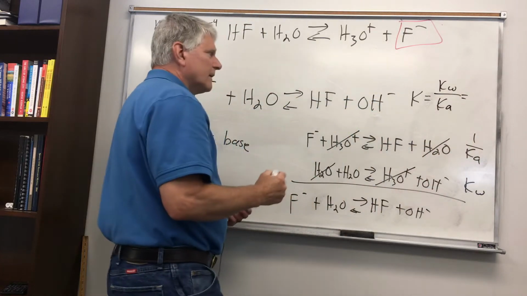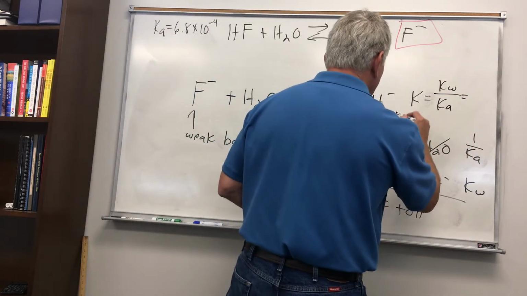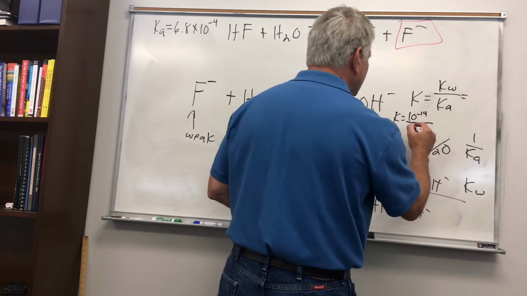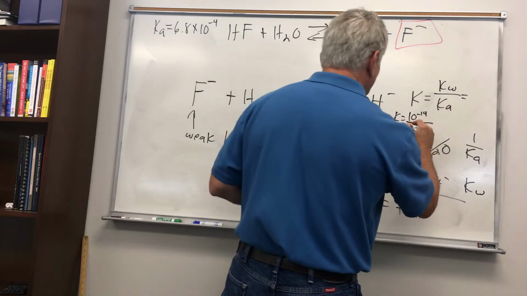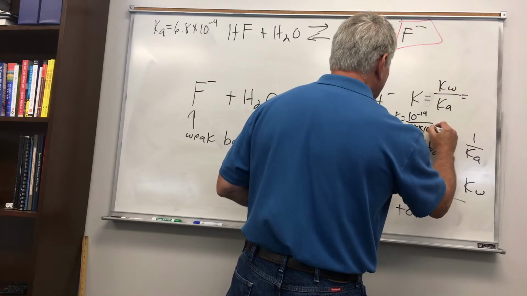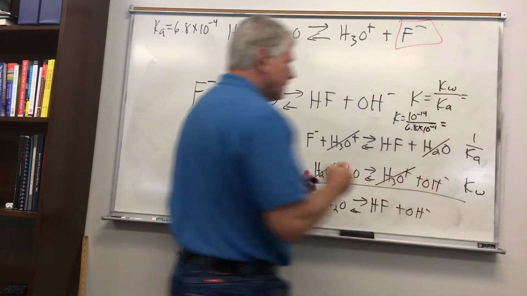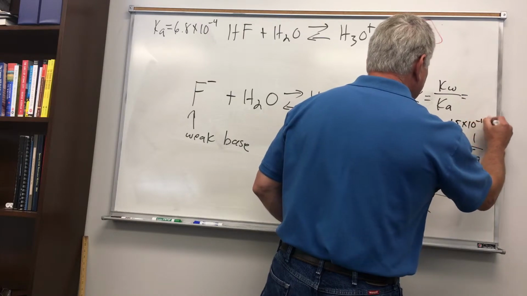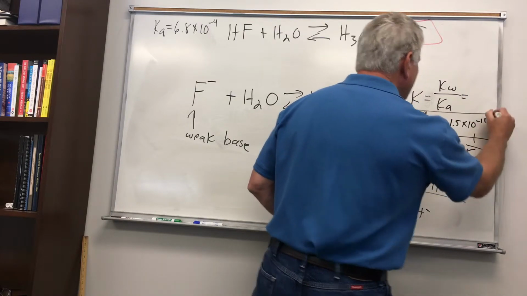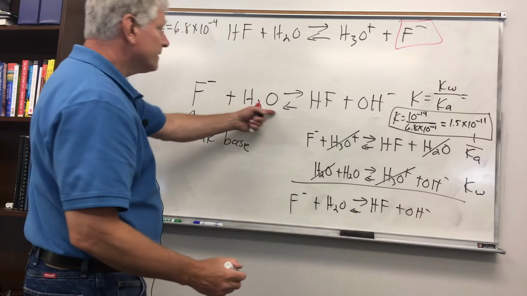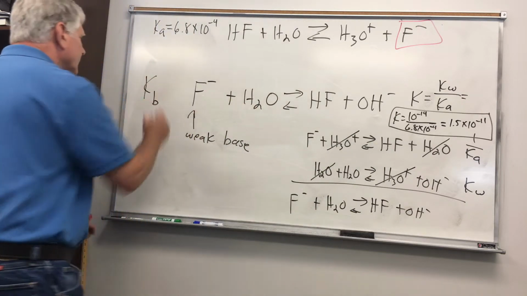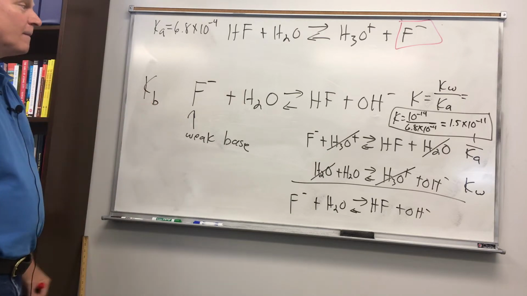So numerically, that would be 10 to the minus 14th divided by 6.8 times 10 to the minus 4th, which is 1.5 times 10 to the minus 11th. So this is the equilibrium constant for this particular reaction, and since it's a base, we call it Kb.